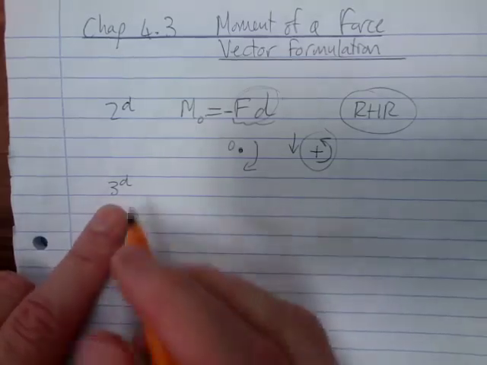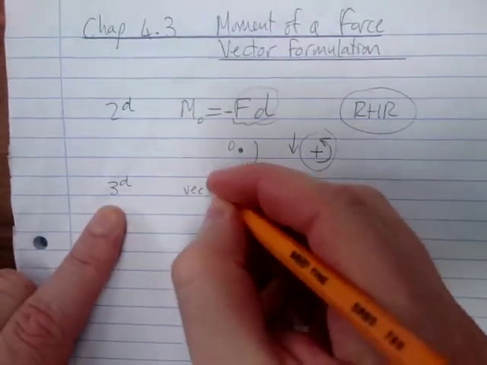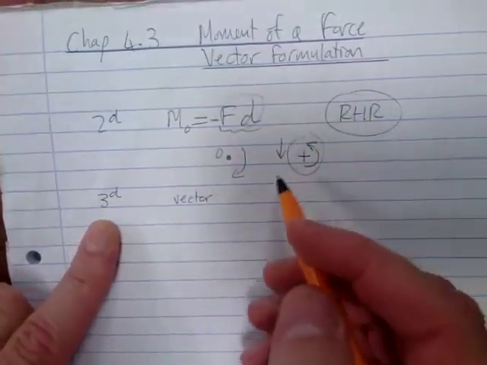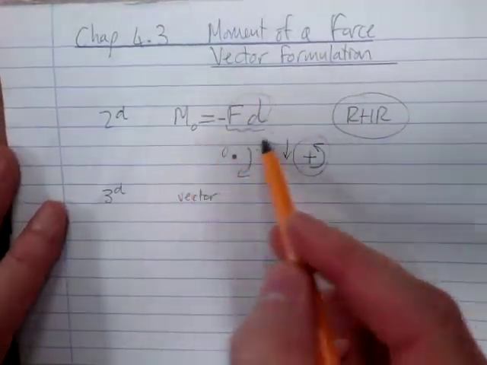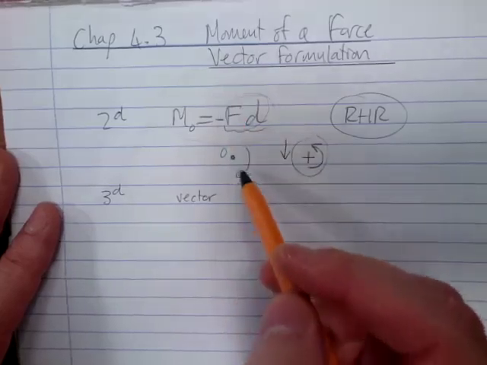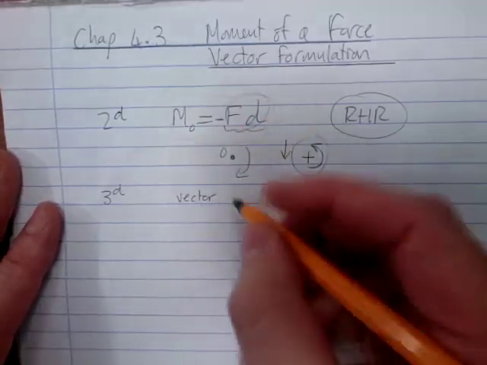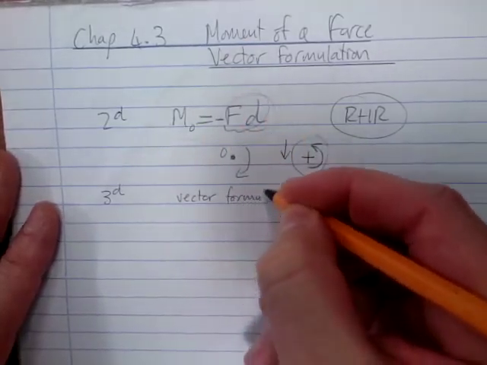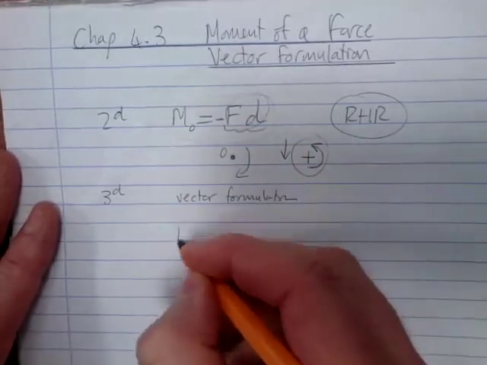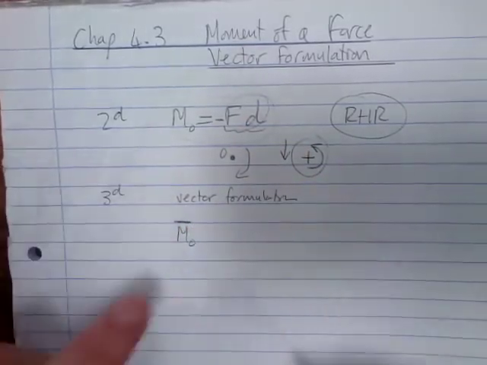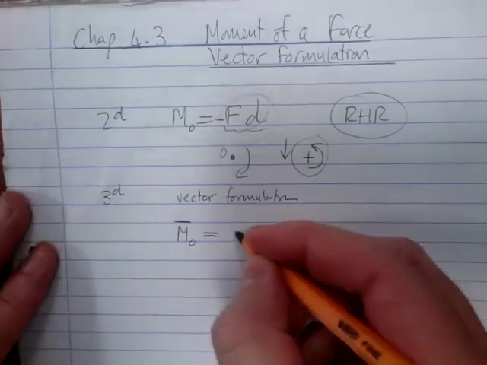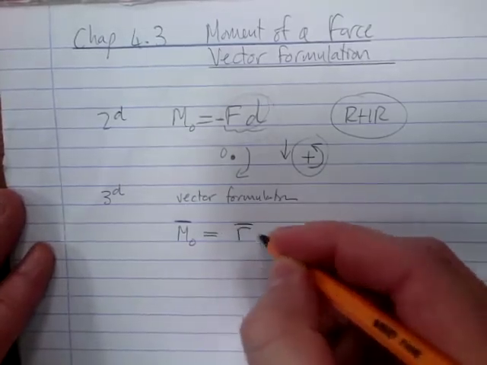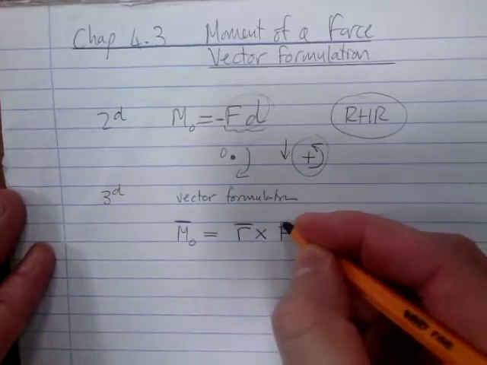So in three-dimensional space, we essentially want to calculate our moment using vector formulation. What this means is that the moment is going to equal R cross F.